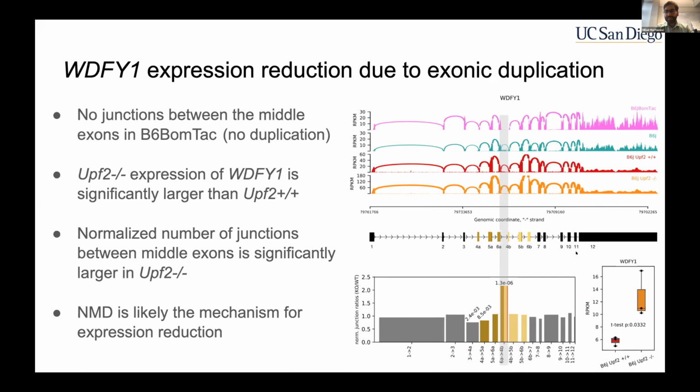First of all, in the bottom right figure, we can see that the knockout expression for WDFY1 is significantly larger than the wild type. Also, if we look at the normalized number of junctions between these two exons, we see that the knockout has a significantly larger number of junctions between these two. So we can infer nonsense-mediated decay is likely the mechanism for decreasing the expression in the wild type sample in Black 6J.